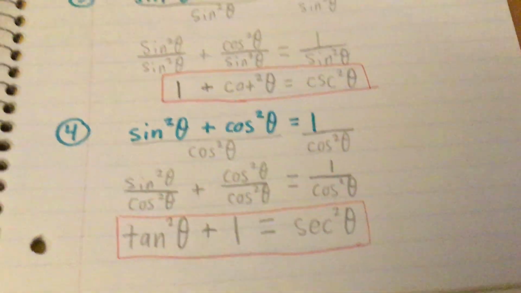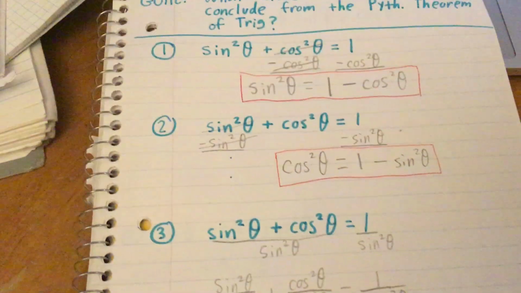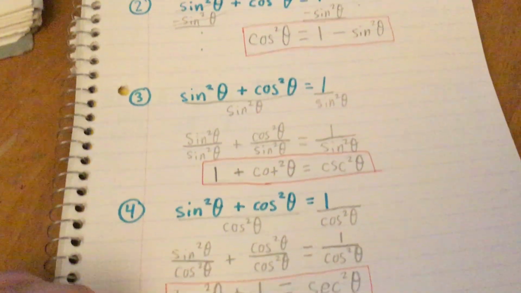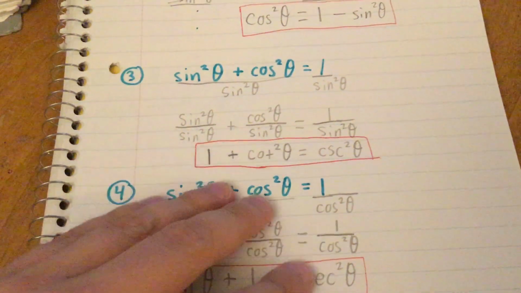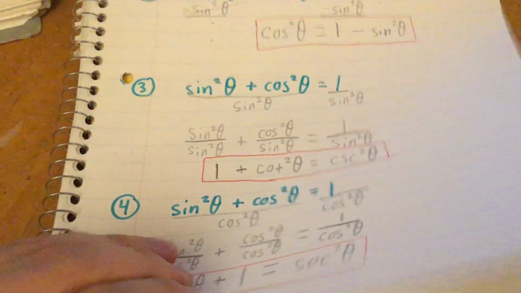Okay. So now I've got 4 rules. I can come up with 2 more rules. Let's say I rewrite this rule: 1 plus cotangent squared is equal to cosecant squared.